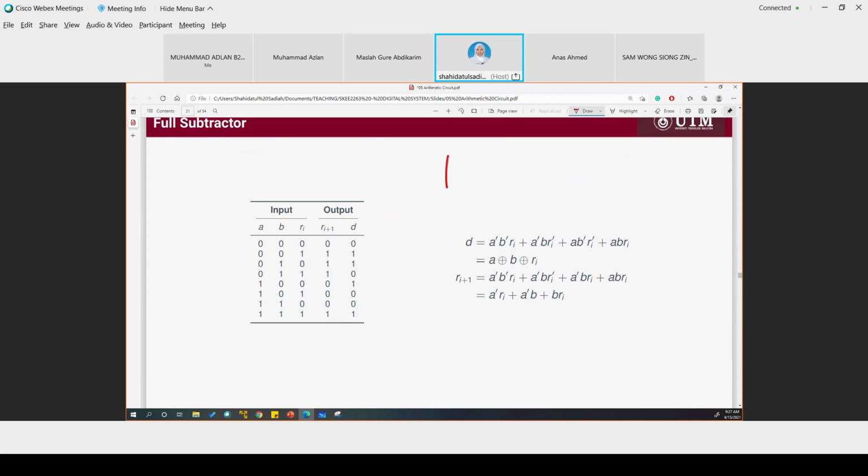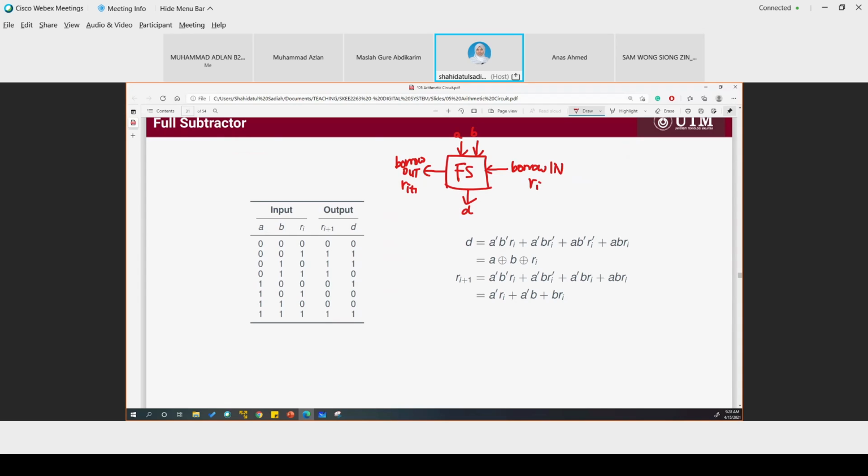Your full subtractor will have input A and input B, then it will produce the difference, and there is another input called the borrow in, or Ri, and the borrow out, or Ri plus 1.